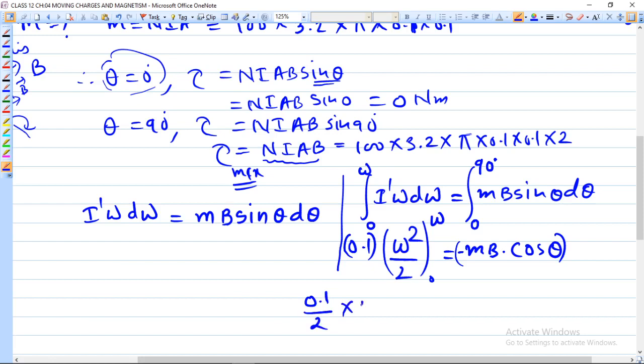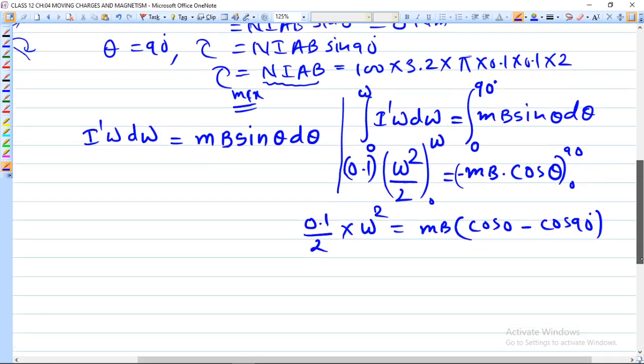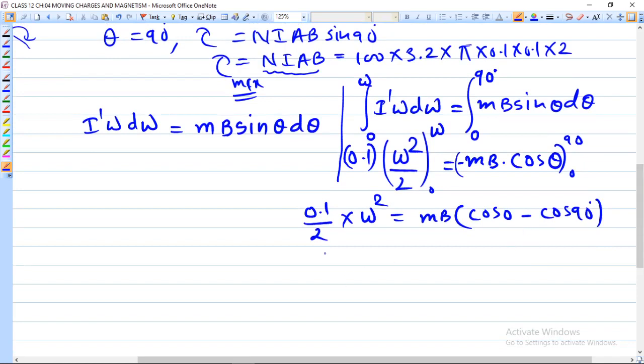So 0.1 divided by 2 into omega square is equal to, limit 0 to 90, MB. First I will write cos 0 and then cos 90, because the negative sign is there, that's why I replaced the lower limit first. So 0.1 by 2 is 0.05 into omega square. You know the value of MB.